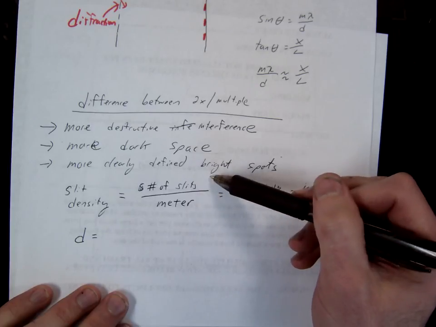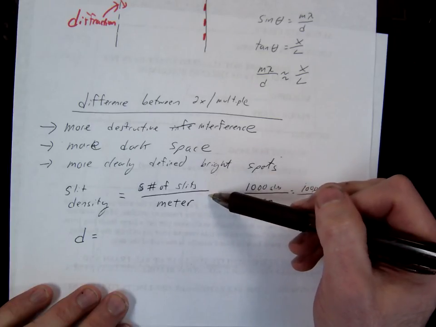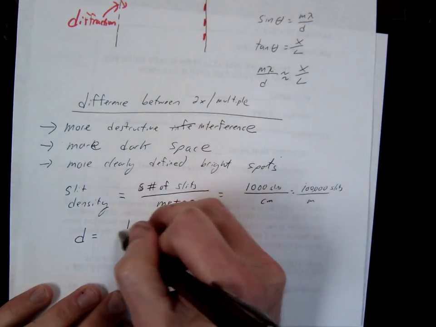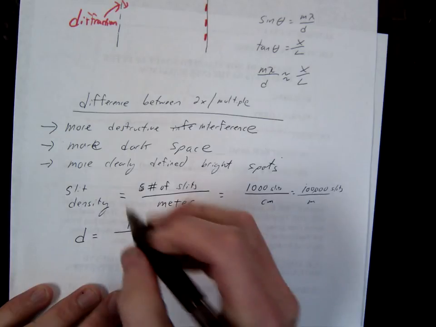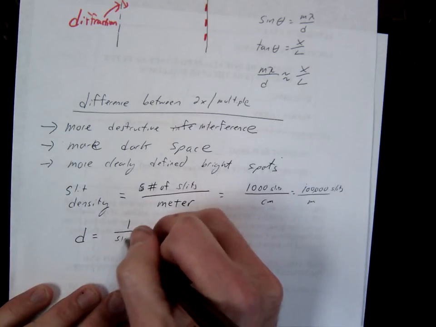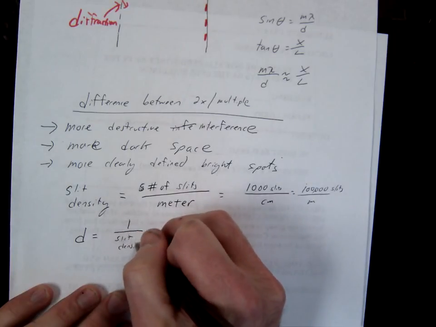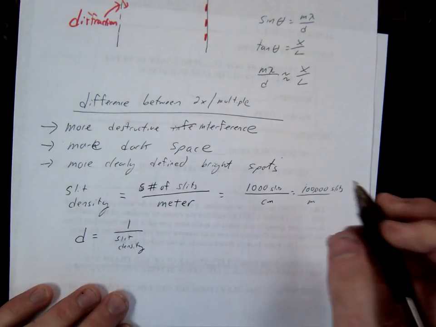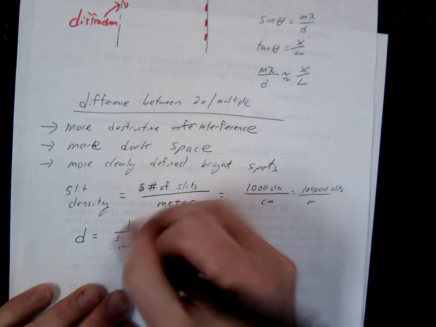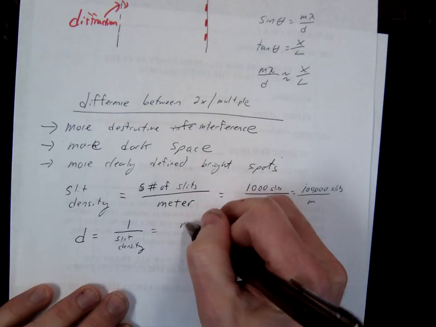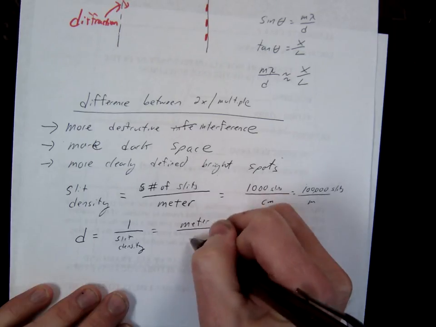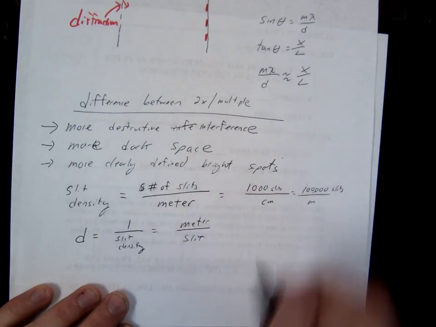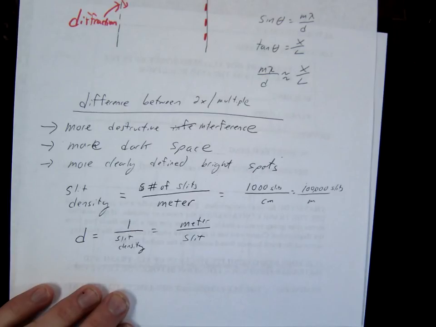So what would we do? Take the reciprocal. So d is equal to the reciprocal of the slit density. Because when we reciprocate this, we get meters per slit. So this would be the distance between each slit.